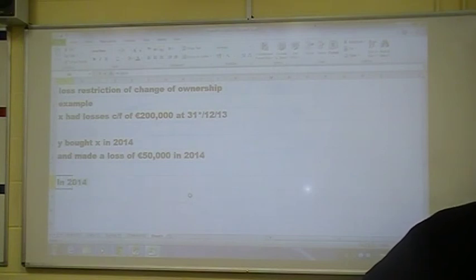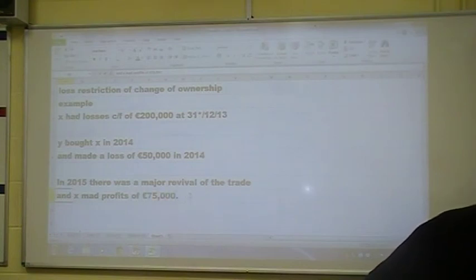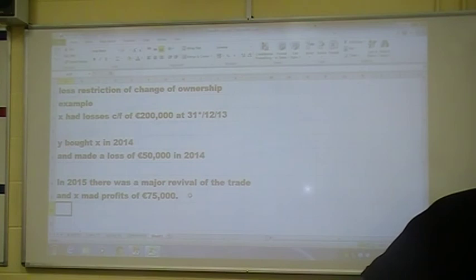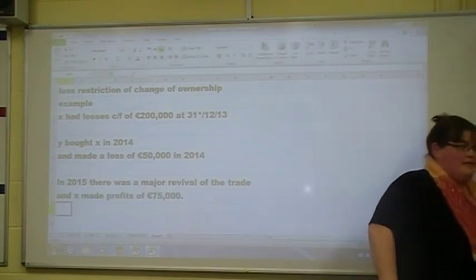In 2015, there was a major revival of the trade, and X made profits of 75,000. Okay, so in 2015 it was a major revival of trade, and X made profits of 75,000. X made profits or Y made profits? X. So it has to be the trade that you buy, X itself.